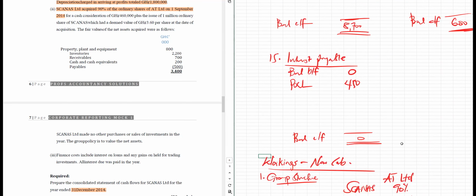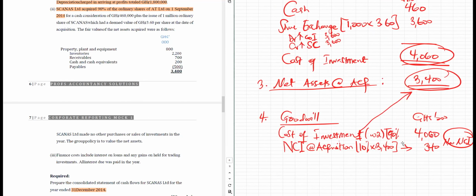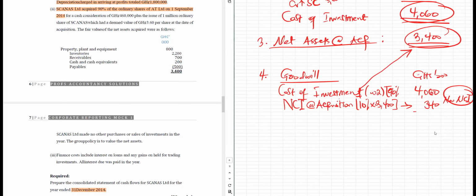Makes sense. Okay. Now, goodwill. We have this as our total consideration. How much is the total consideration? 4,400.